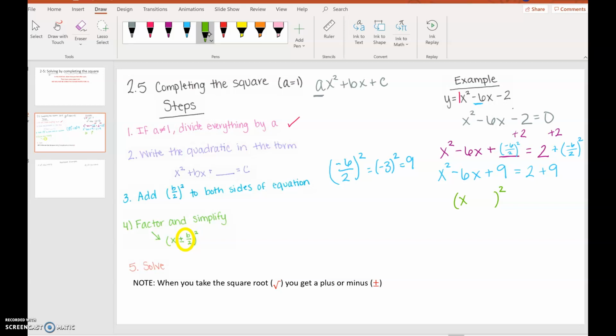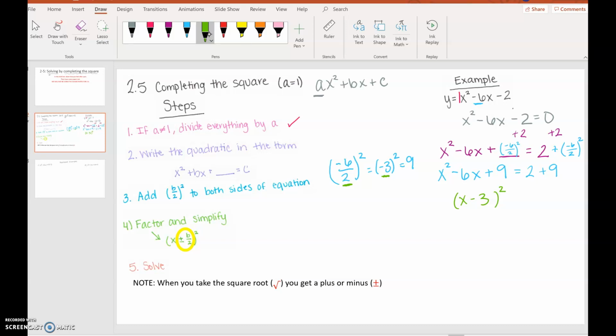So this right here, the inside of your parentheses, is what goes here. So this minus 3 is what goes here. So we just took this x squared minus 6x plus 9 and we factored it. So what multiplies to 9 and adds to negative 6? And it's x minus 3 both times.